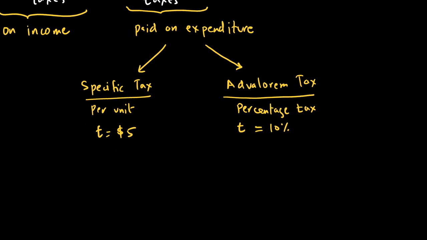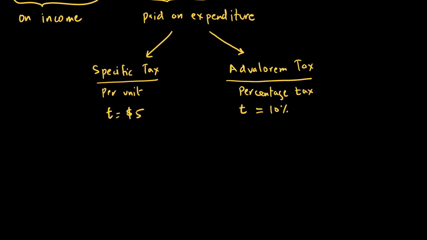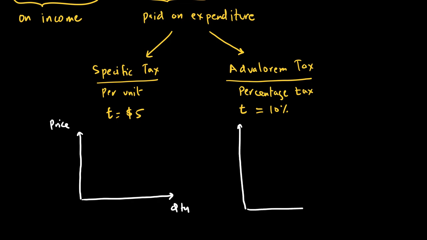So the implication on supply curves, remember we did taxes and subsidies earlier as well. If you look at a specific tax, so my quantity and price, and let's also draw it here for the ad valorem as well.